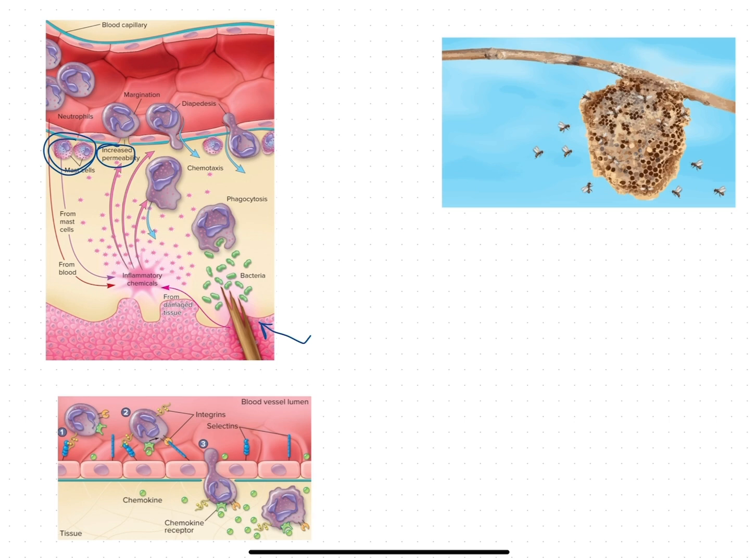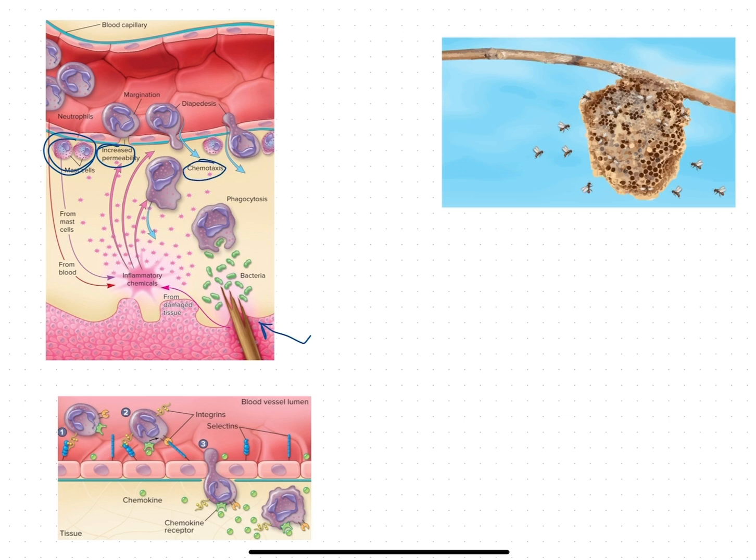It's closer to the periphery. So mast cells are usually in the periphery. Then once those cells start getting into the area, they let out chemokines, which make other cells go into the area through chemotaxis over here.